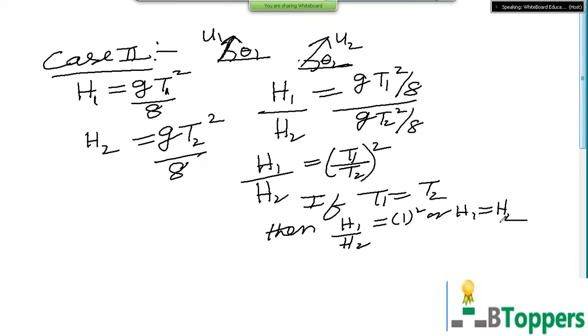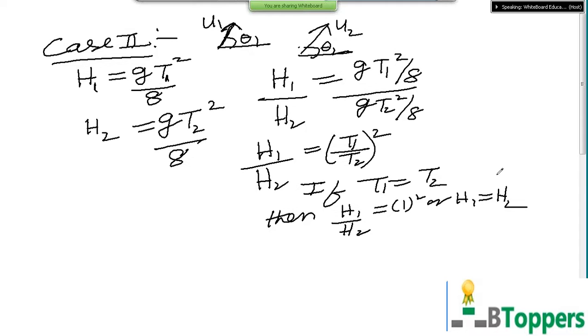So if two bodies are projected with different initial velocities at different angles, theta 1 and theta 2 to the horizontal, such that their times of flight are equal, then the maximum heights reached by them will also be equal.